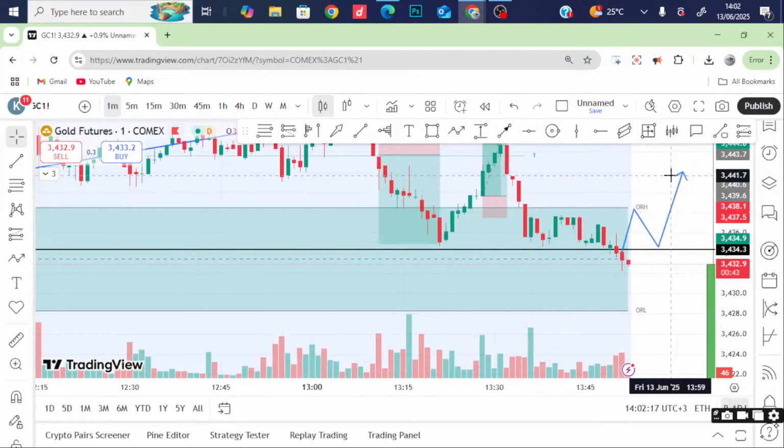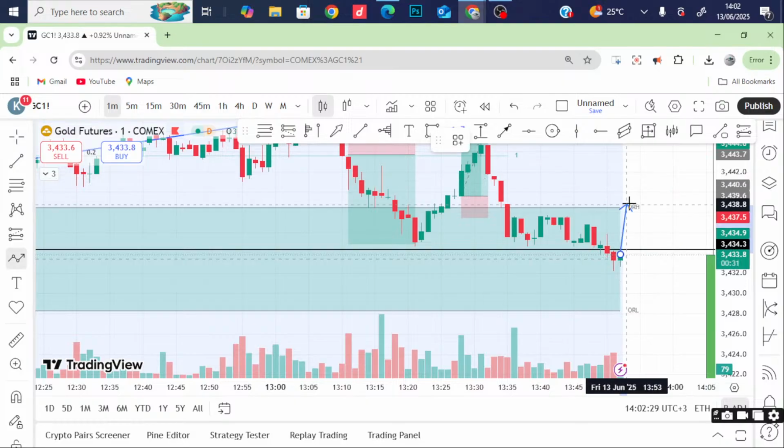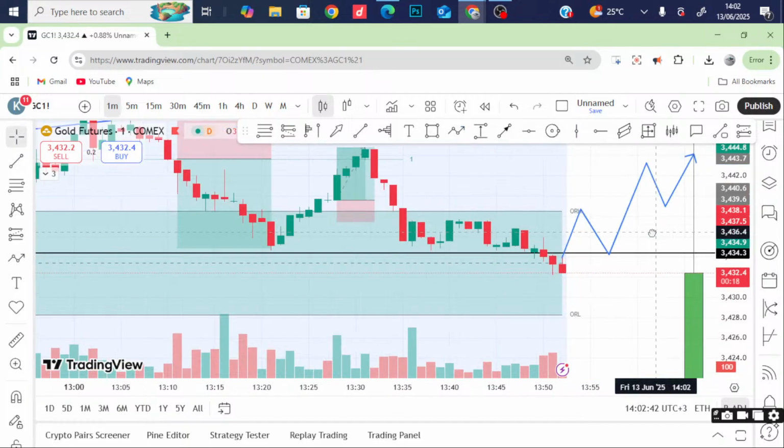If it breaks the ORB and retests, then we have a good entry. It can break, retest at the ORB, then we'll have a good entry from there.